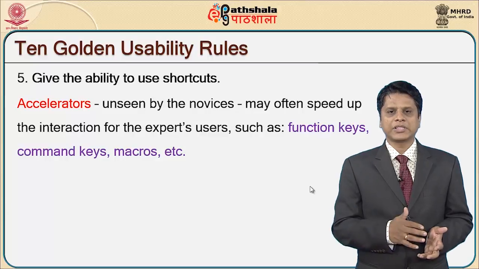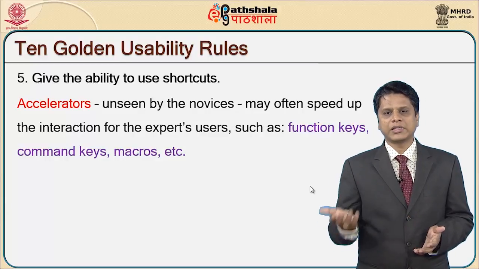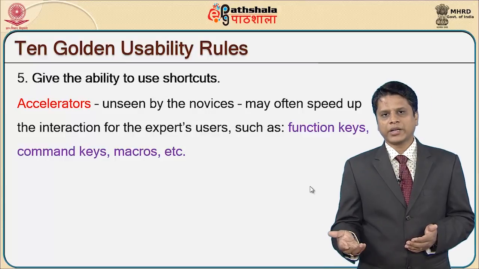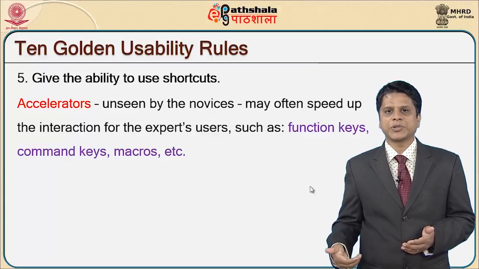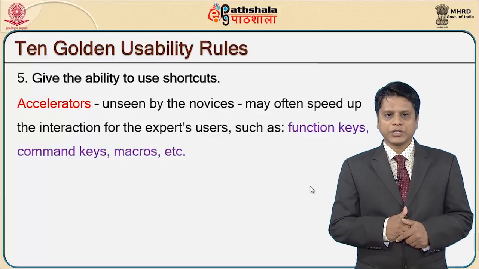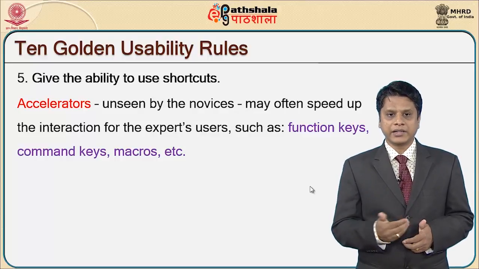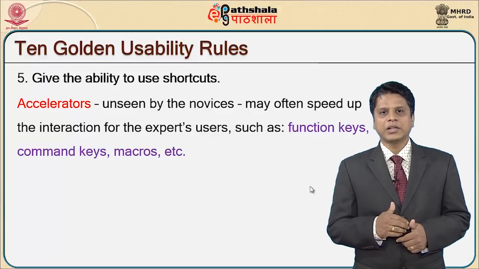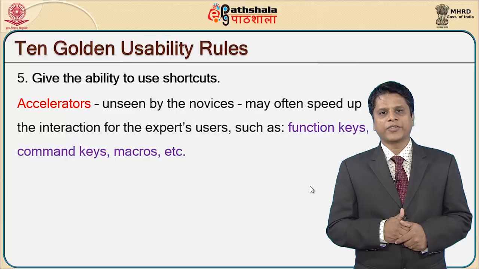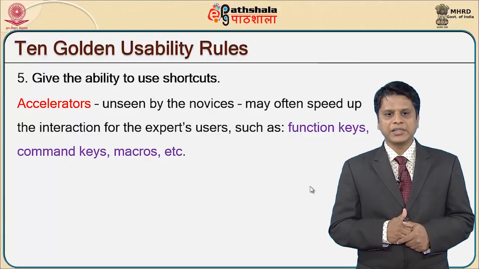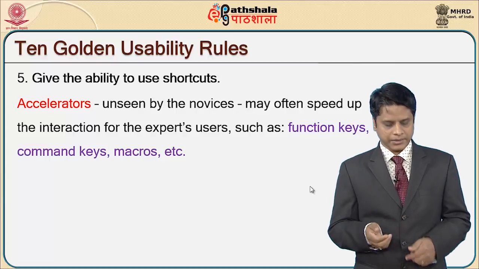Say for example, if we wanted to copy, we see Control C, and if you want to paste, Control V. So those kinds of shortcuts can also be created for the specific software, which is pretty much appreciable. So these shortcuts are accelerators unseen by the novices, which may often speed up the interaction of expert users, such as function keys, command keys, macros, etc.